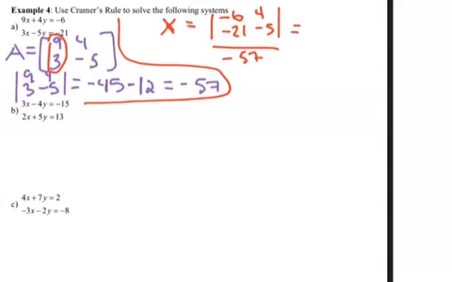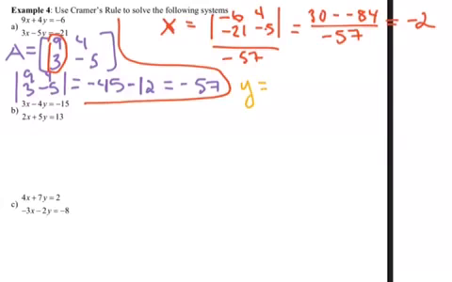Alright, so I'm going to get negative 6 times negative 5, which is 30, minus 4 times negative 21, which is negative 84. So I basically have 30 plus 84 divided by negative 57, and that's going to give me negative 2. So x is equal to negative 2.